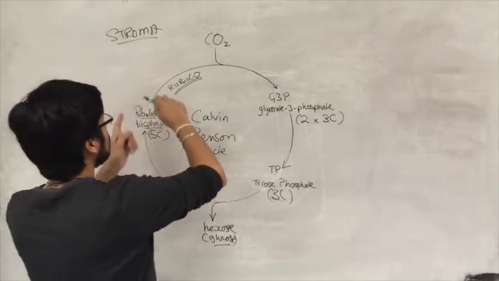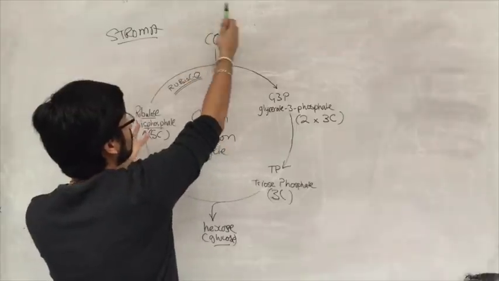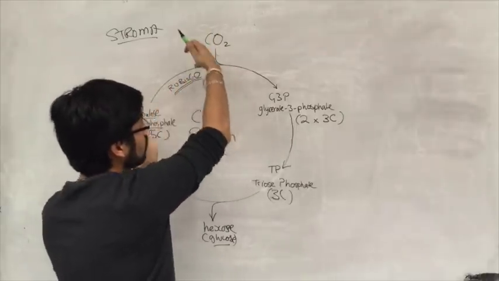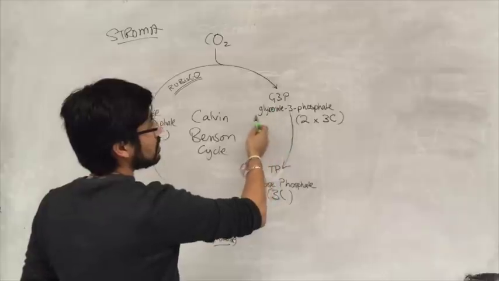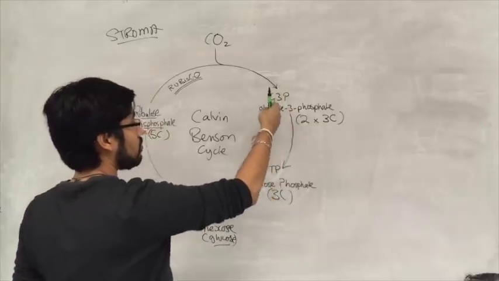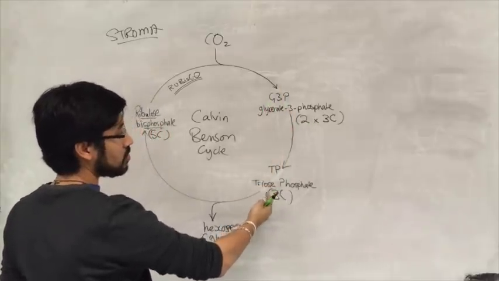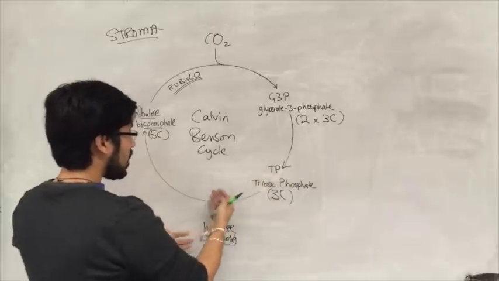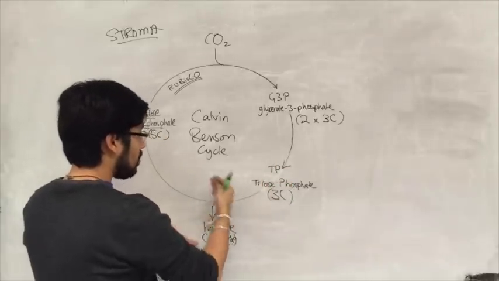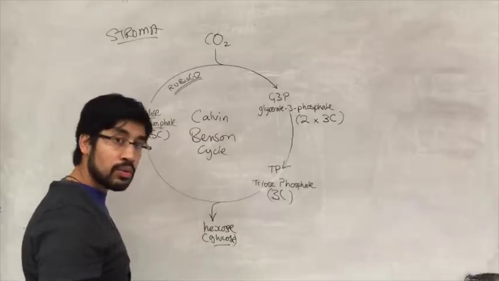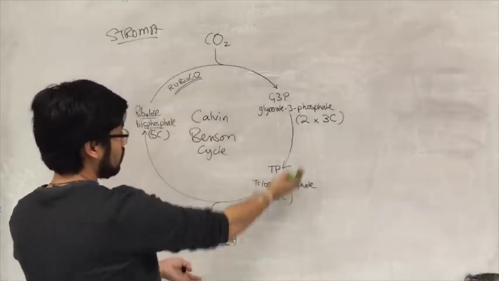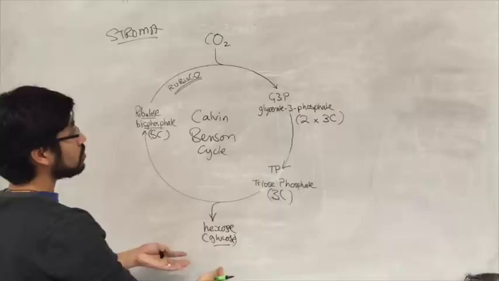So, a 5 carbon molecule combined with carbon dioxide by rubisco produces glycerate 3-phosphate. Glycerate 3-phosphate is then converted into triose phosphate. Triose phosphate is a 3 carbon molecule that can be combined to form glucose, and so we have it, carbon dioxide to glucose.